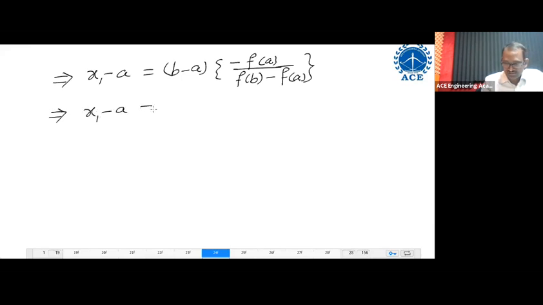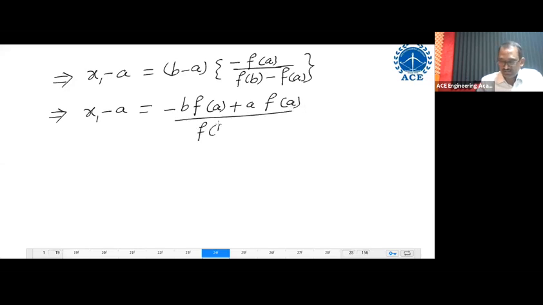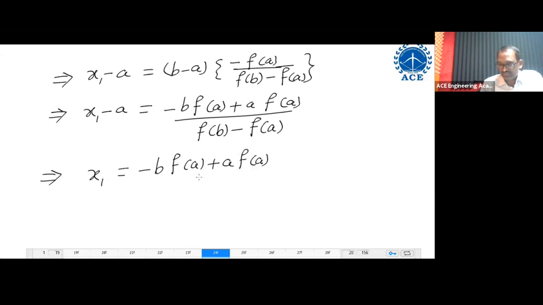That is, x1 minus a is equal to b into minus f of a, that is minus b f of a, minus a into minus, that is plus a f of a, by f of b minus f of a. Minus a will go to the right. So x1 is equal to minus b into f of a plus a f of a by f of b minus f of a, plus a.